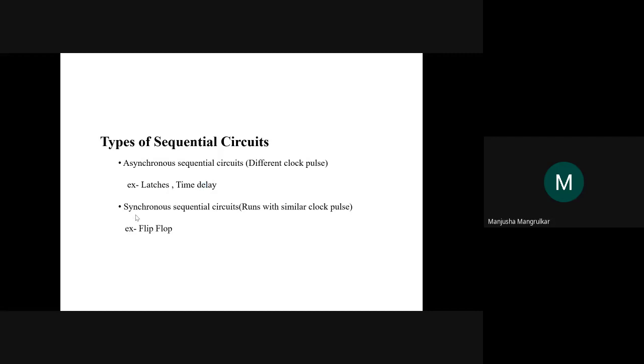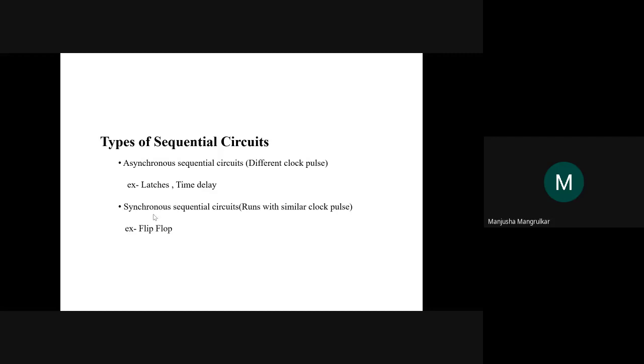The second type of sequential circuit is the synchronous sequential circuit, right? The synchronous sequential circuit runs with a similar clock pulse. It won't change the frequency of the clock pulse or the time of the clock pulse. It is constant throughout the time your circuit is working.